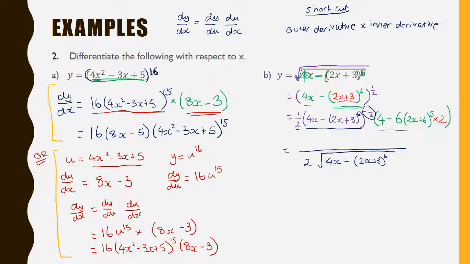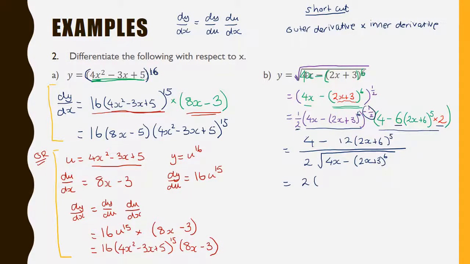And then in the numerator, I will have this part here. So I will have the function of 4 minus 6 times 2, which is 12, of 2x plus 3 to the power of 5. We can cancel out because in the numerator we can take 2 as a common factor.